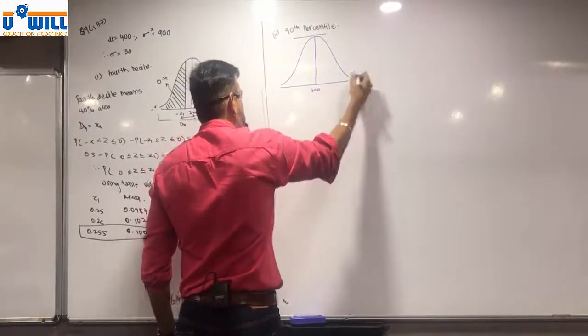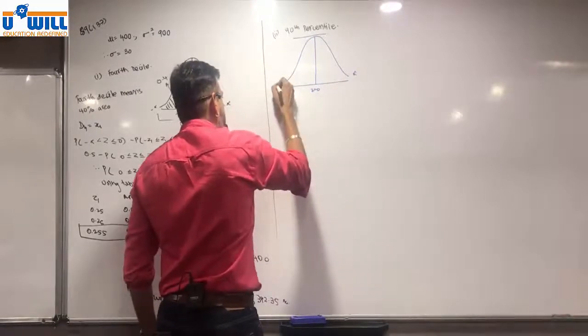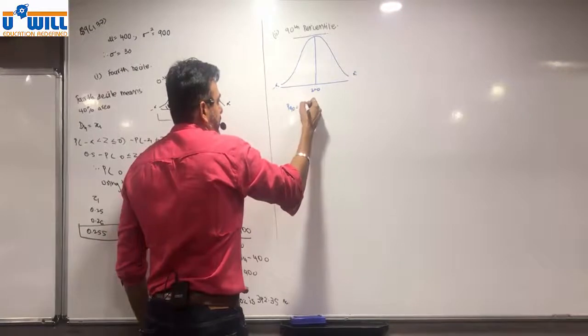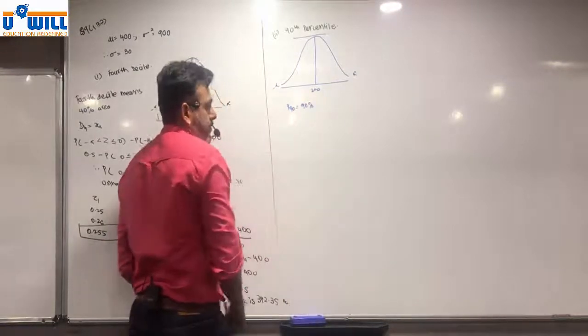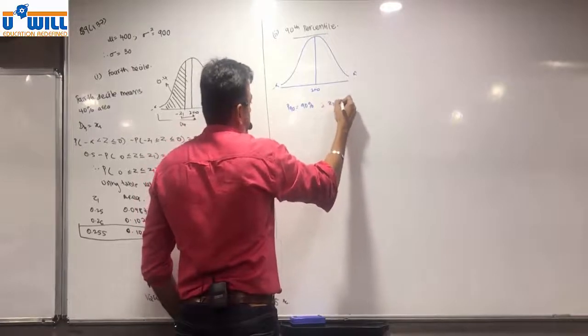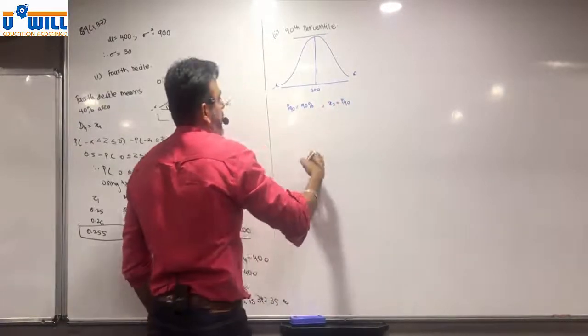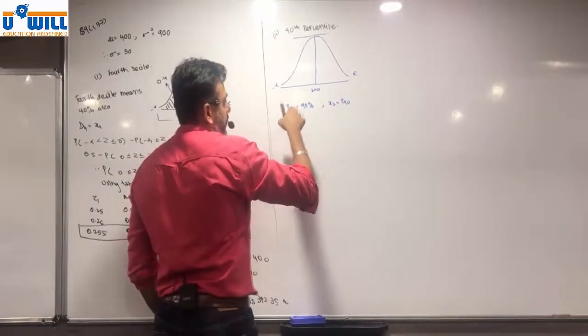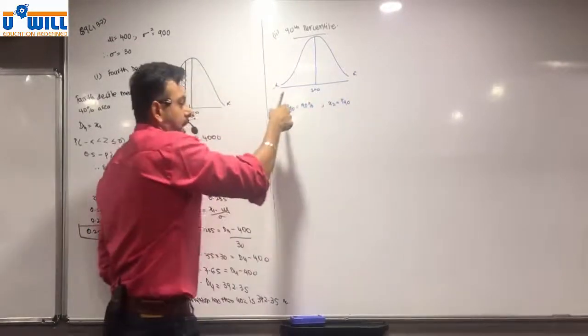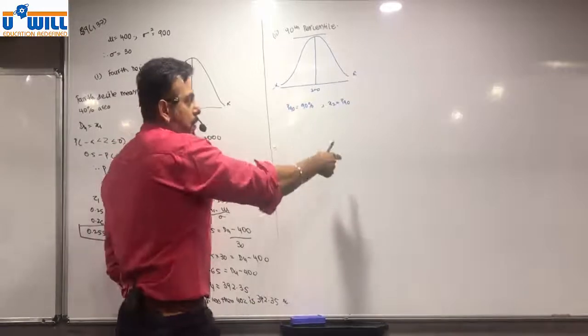Z is equal to 0, from minus infinity to infinity. 90th percentile, P90 means 90%. So I'll take x2 is equal to P90. Now this observation P90 is ahead of 90% of the observations.